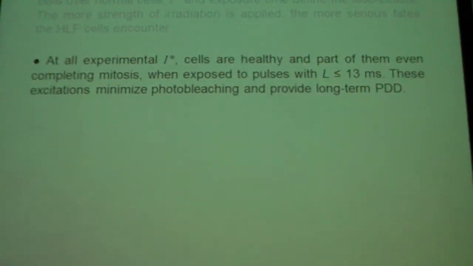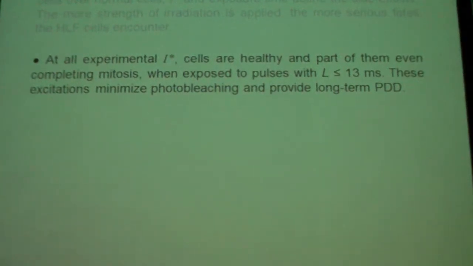At all experimental irradiances, cells are healthy and some of them even complete mitosis when exposed to pulse lengths smaller than 13 milliseconds. This excitation minimizes the photobleaching and provides long-term photodynamic diagnosis of the cancer cells.